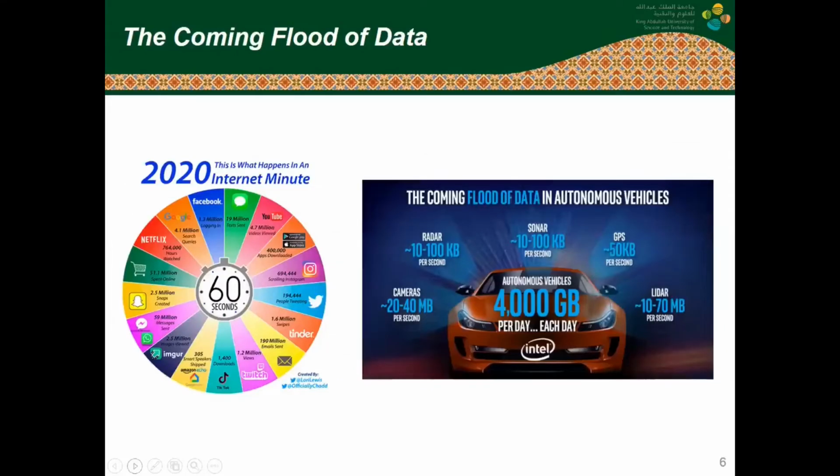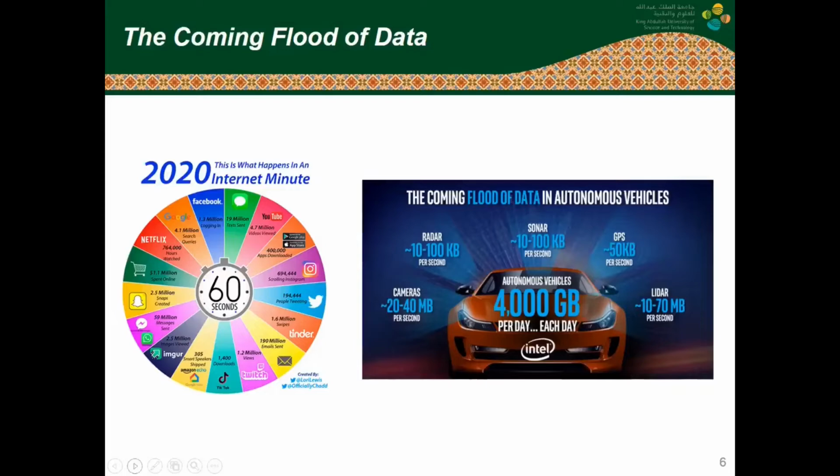So this is a snapshot of what happens in one minute of internet, all kinds of transactions that people all over the world are going through, starting with Google, Facebook, and so on. On top of that, you are probably also aware of a new interesting direction towards autonomy, in particular autonomous connected cars, which will require quite a bit of exchange of data to make sure these autonomous systems are safe and secure.